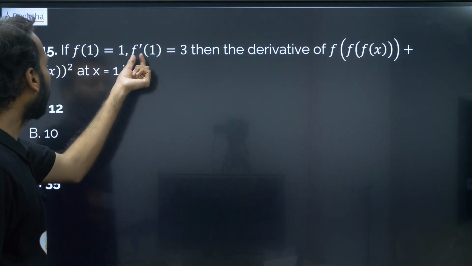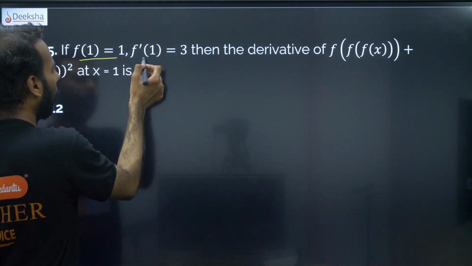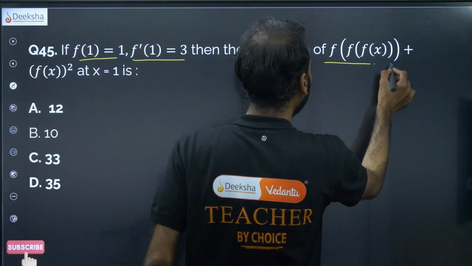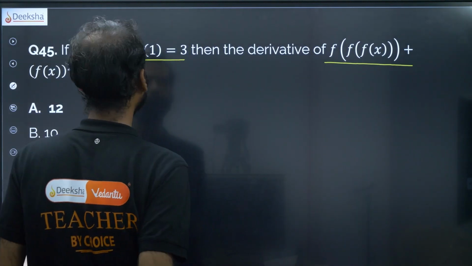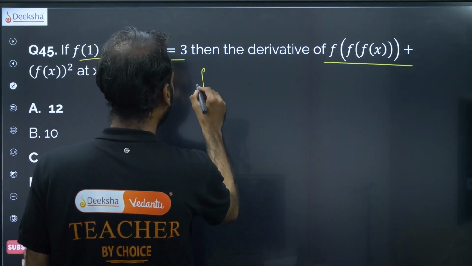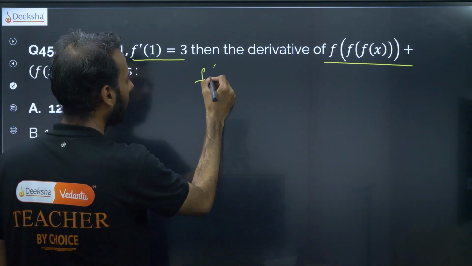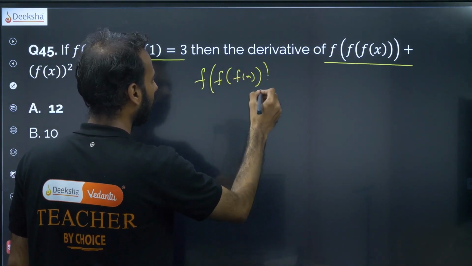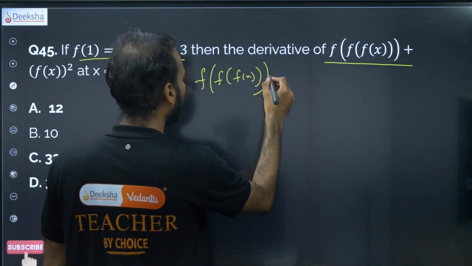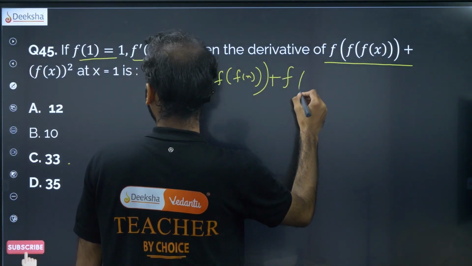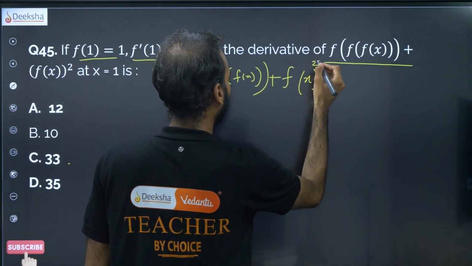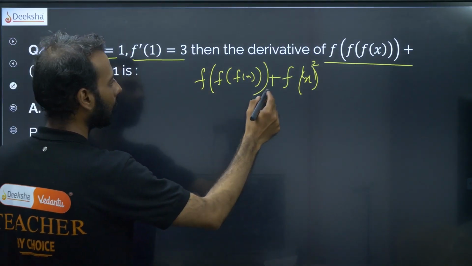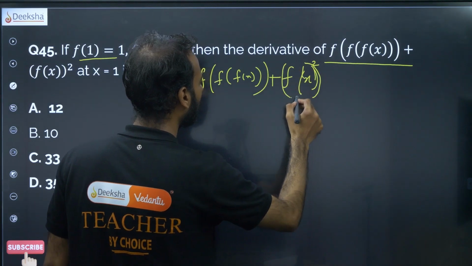F of 1 is 1, f dash of 1 is some value they have given, and they are asking to find the derivative of f of x plus f of x square, whole square.